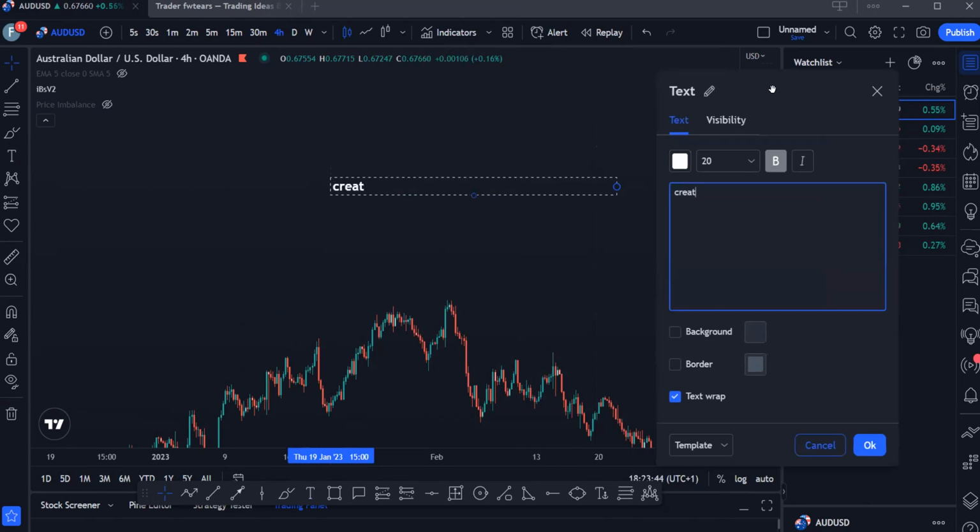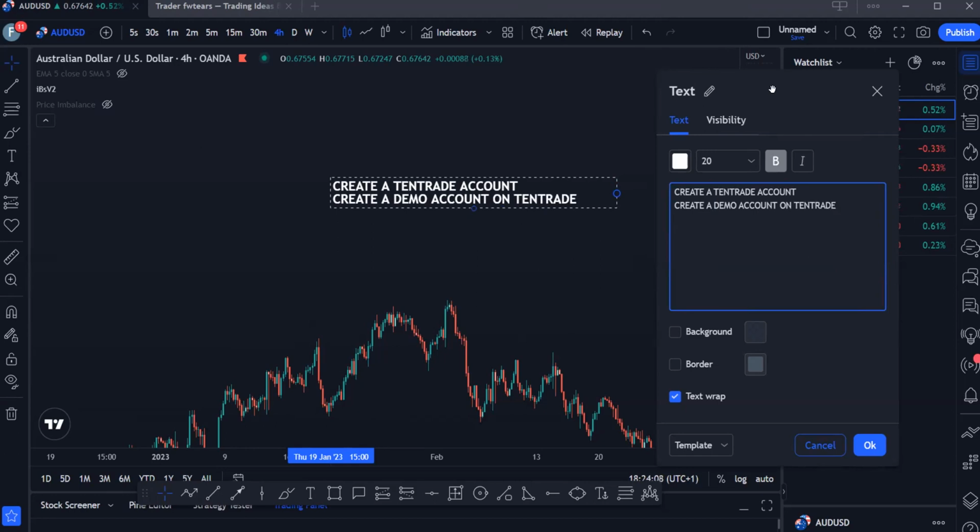Also create a demo account on 10Trade, and then download MetaTrader 5 on your devices, on your phones or on your PC.